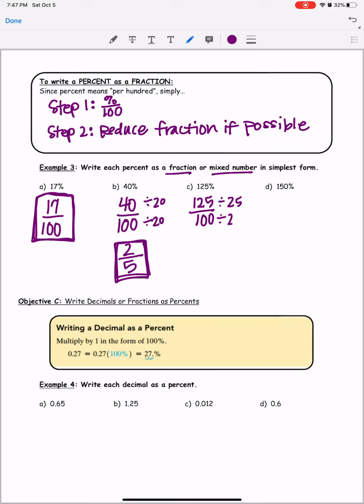And again, you could start with 5 and then go to 5 again, but 25 is the biggest. So 125 divided by 25 is 5, and 100 divided by 25 is 4. So this is my fraction, but because it's improper, we need to write this one as a mixed number.